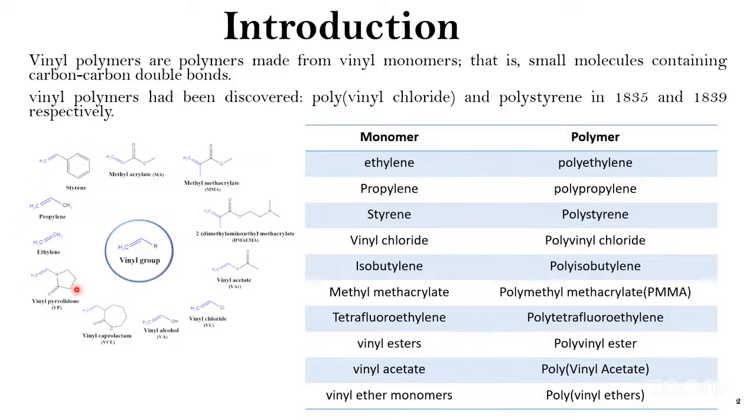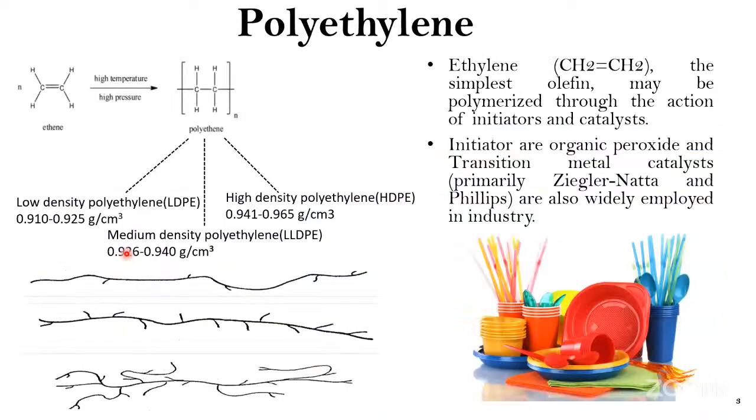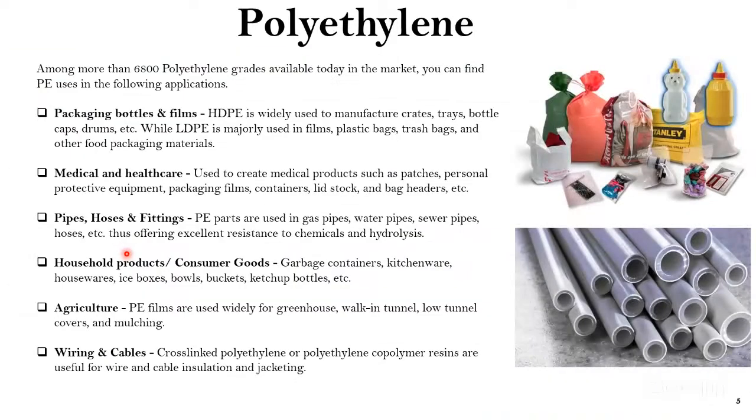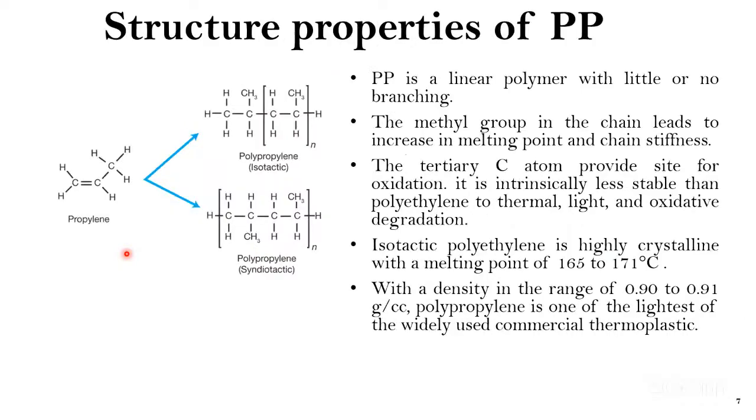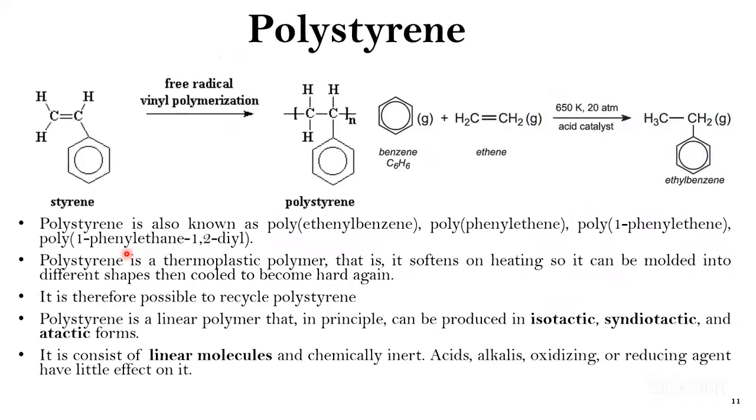But for your polymerization, this group will take part. This R portion will have a chemical reaction, and the vinyl portion will have the bonding. Temperature and everything will play a very important role.